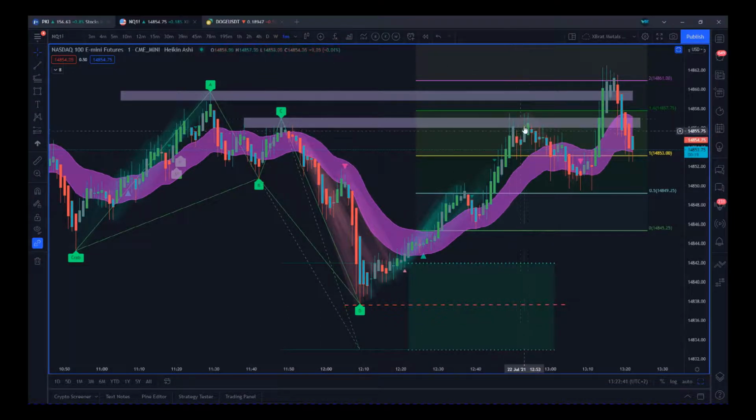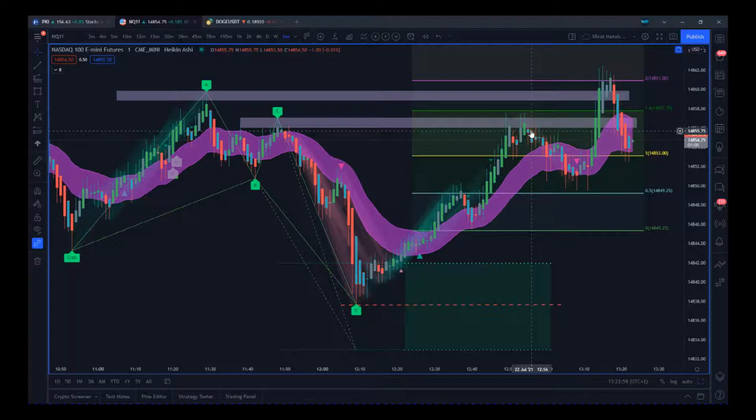If this struggles to push through, you automatically just take your profit off anyway. And again, those sophisticated traders, those traders with more experience would notice that this is struggling to push through there, and there's likely to be a pullback, so they would just take the profit if they were scalping.